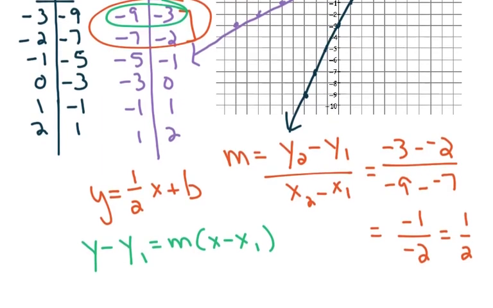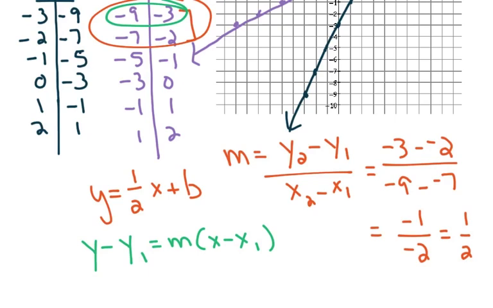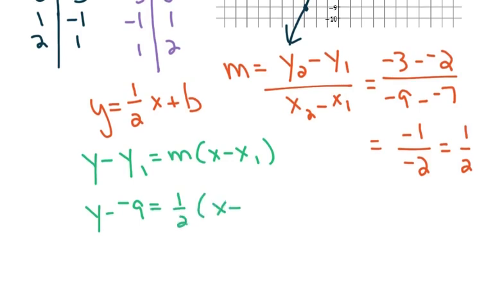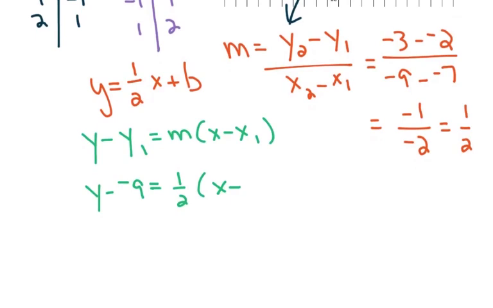So I'm going to plug in negative 9 for x1 and negative 3 for y1. Y minus negative 9 is equal to 1/2, because we already found the slope, x minus... I already forgot what I'm doing. Let's see, this should be negative 3, and this should be negative 9. So I get y plus 3 is equal to 1/2 times (x plus 9).